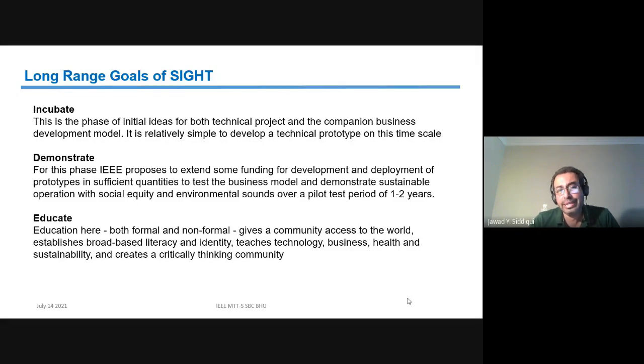And then to educate: if you want to do something in a remote region, we incubate an idea, we demonstrate it, and we have to educate the local people, because it's not possible for IEEE members to stay in a remote location for a long period of time. So you need to transfer the knowledge to ground zero, to the local people in the region, so that in spite of your absence, they can use that technology for development.